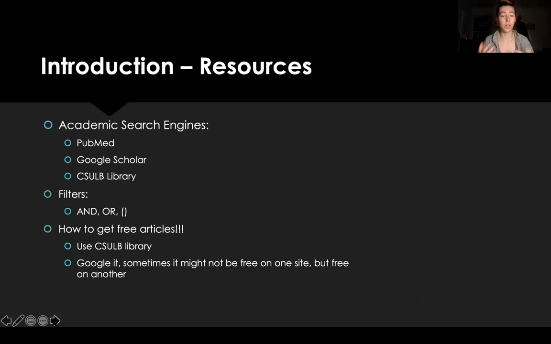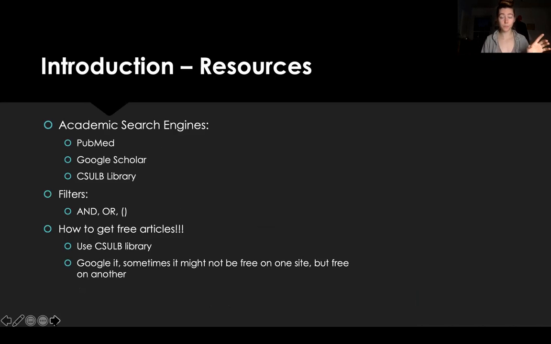You could also use PubMed if you want to go through a specific topic. Google Scholar, the library website, those are all very good. I like to look for something on PubMed, and then if it leads me to a site or a journal that I don't have access to, then I'll usually copy paste the title of that article into the CSULB library search bar.